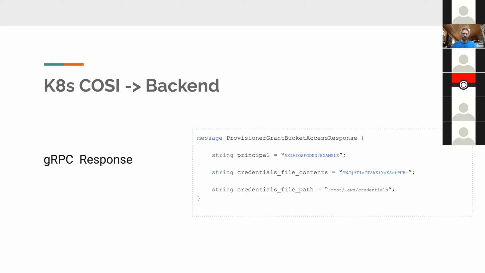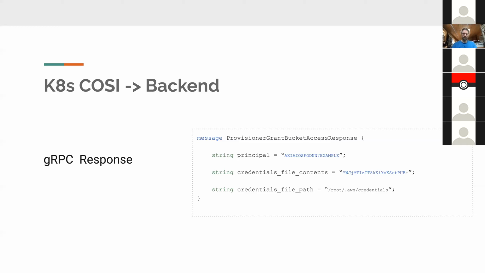Right. So I should have been clearer. This needs to go into the container file system. So here's the issue. If I have a workload that needs to use AWS credentials, there's a standard path for having AWS credentials.